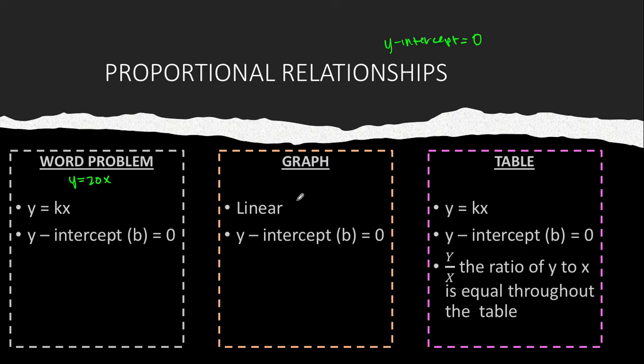On a graph, I'm just seeing if the y-intercept is 0, meaning it goes through the origin. And then on a table, I can look at the ratio between y and x, or I can just solve for the y-intercept.